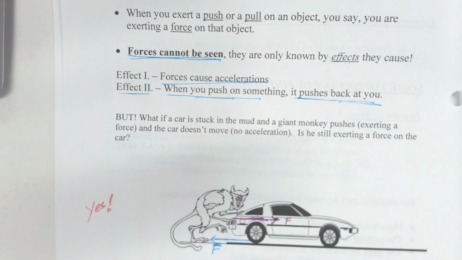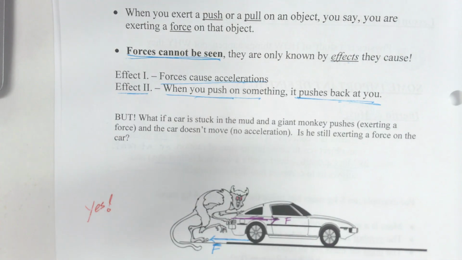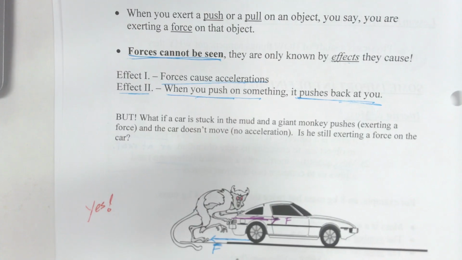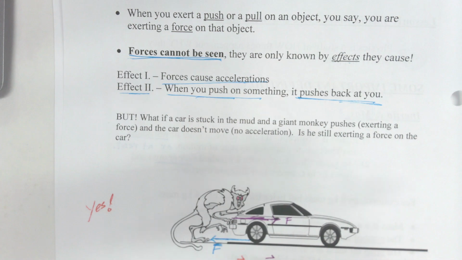So we have to really think about the net force. The net force is simply adding up all the forces, right? That is, this force, the purple force, plus the aquamarine force.